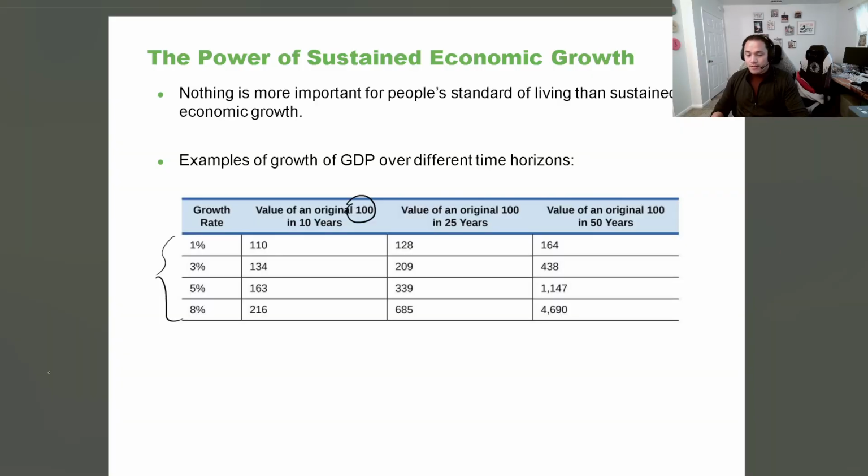And so what I encourage you to do is take some time and make sure that the calculations are coming out correctly. But the different columns give you your years. So the first column here, you're estimating 10 years into the future. Second column, we're estimating 25 years into the future. And the third column, we're estimating 50 years into the future.